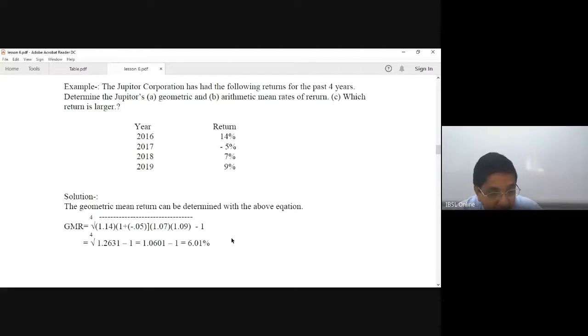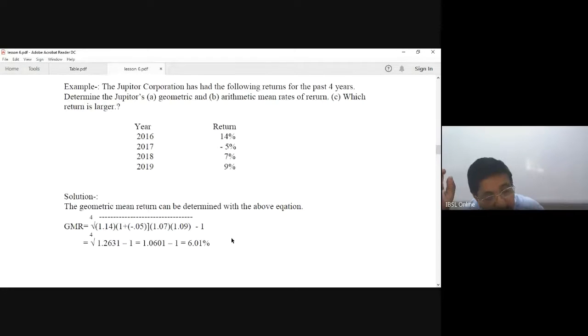If you use a calculator like the FX-991 or FX-100, Canon or whatever, you just put 1.2631, then the power arrow key, and within brackets you put 1 over 4, or 1 divided by 4. Then you will get the value, because the fourth root is the 1/4 power. That is how it is calculated.